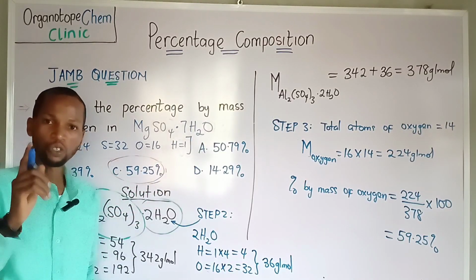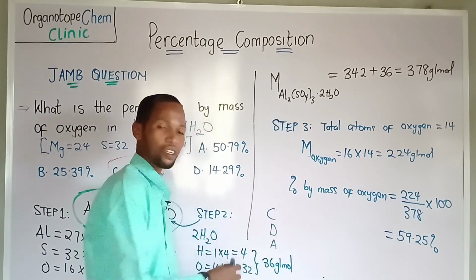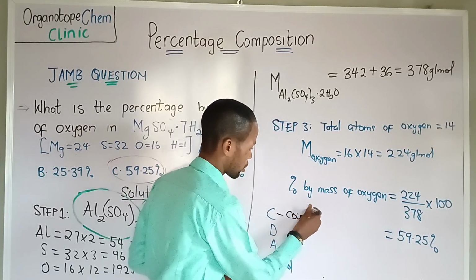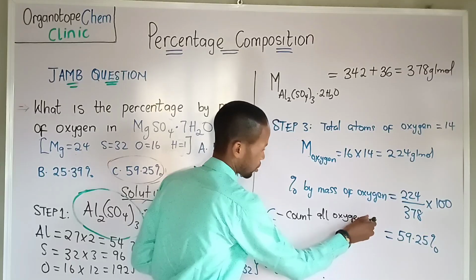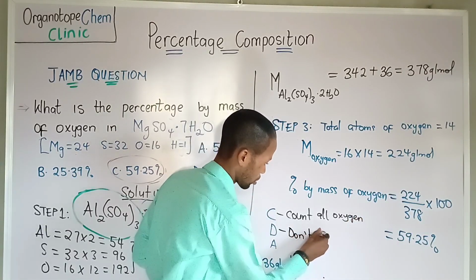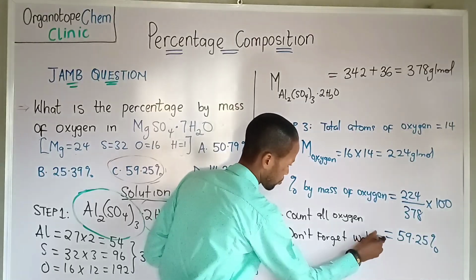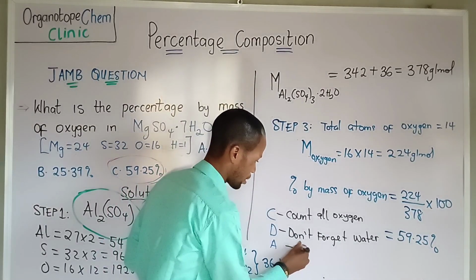Okay, so don't forget the rule CDA. So you'll be guided by these 3 rules. Count all oxygen atoms. Don't forget the water of crystallization, and you add before dividing.